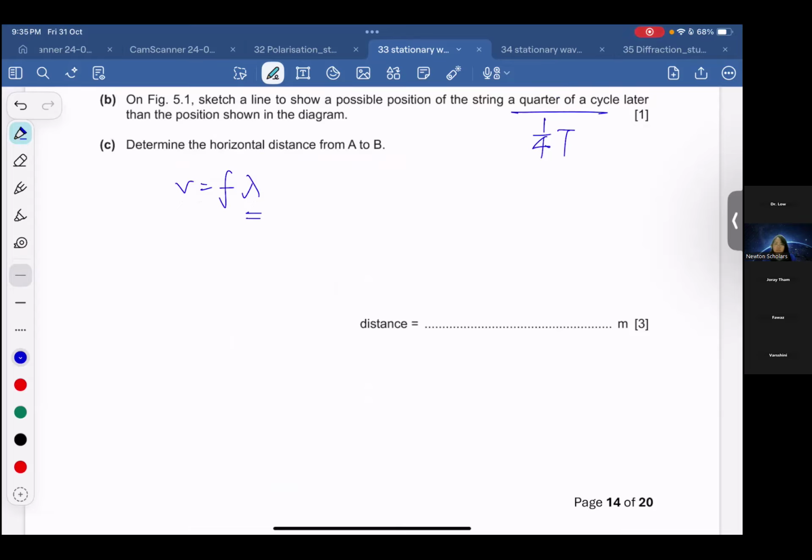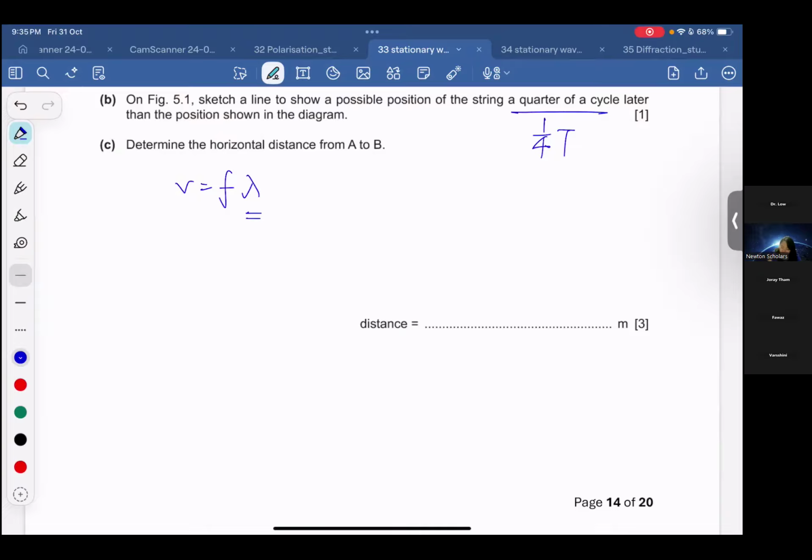Is it hard for you guys? What is the horizontal distance from A to B? Wow, no, Manjo, how did you get it? Jore correct. Machine correct.